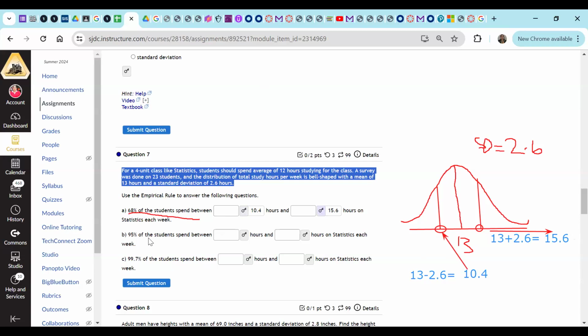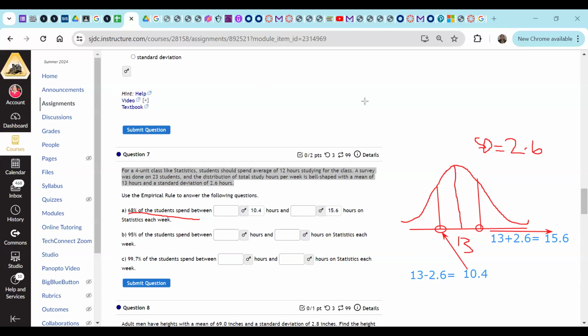Next one is saying 95% of the students spend between blank and blank hours. So that means now they're asking 2 standard deviations to the left and 2 standard deviations to the right. So I'm going to mark another line right here, and another line right here.